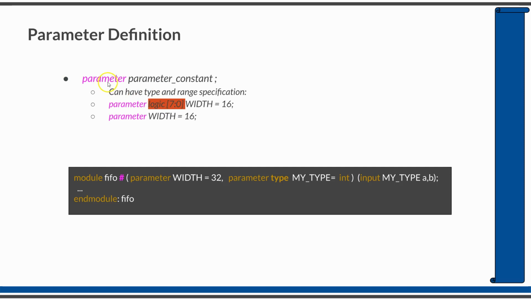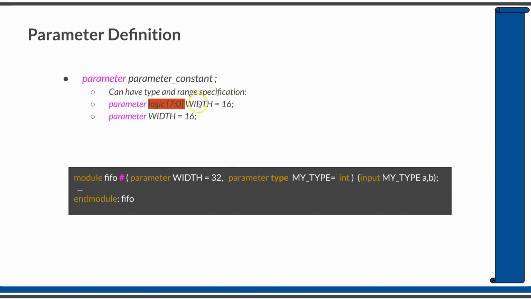A parameter can be defined using the parameter keyword followed by the parameter constant. If you use the localparam keyword instead, as I said earlier, in SystemVerilog the effect will be almost the same. You can have the parameter constant in two different ways: either with the type and range specification, or you can skip that. If you want your parameter to always be of type logic [7:0], you can define parameter logic [7:0] width equals 16. Here width is the name of the parameter, and this is its value.